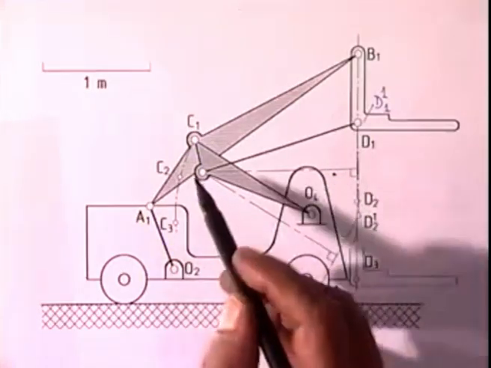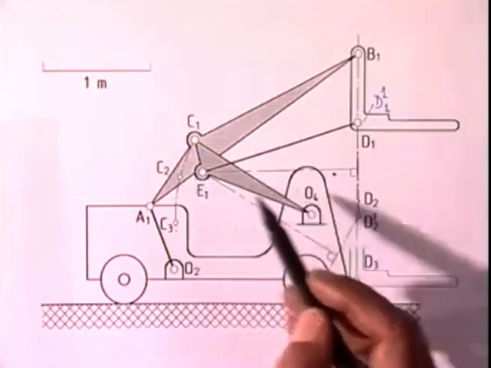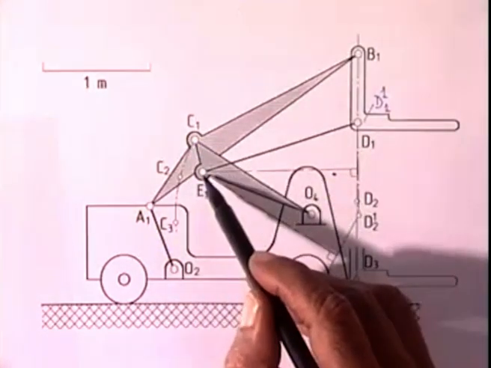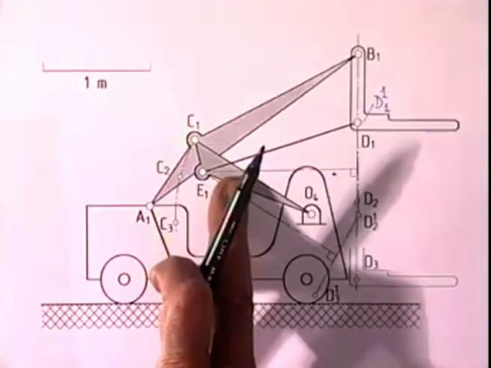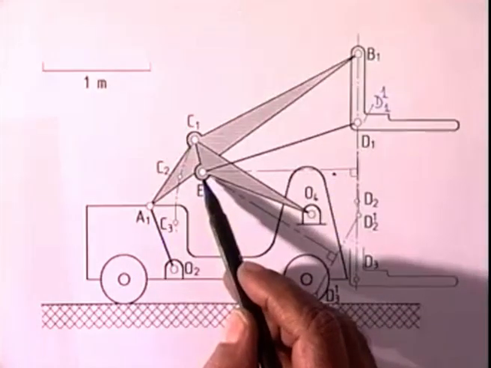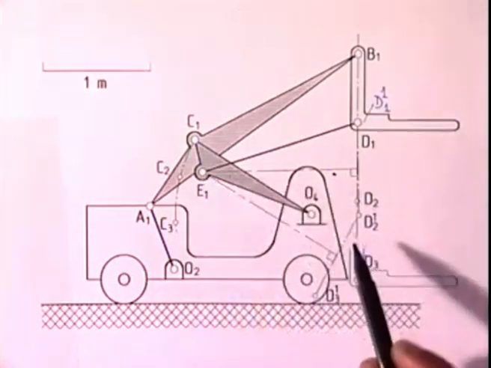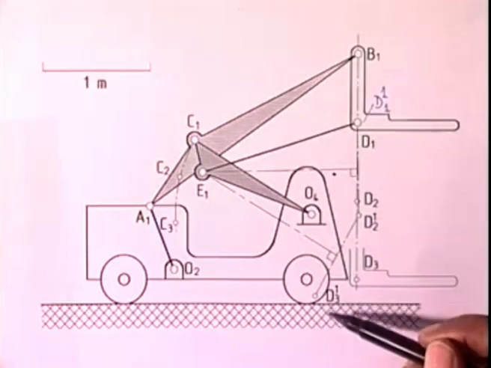These two lines intersect at E1, determining the location of this revolute pair on link 4, and I connect E1 and D1 by a rigid link. If we do not allow this link to move, then obviously D1 goes on a circle with E1 as center. So E1 is determined at the center of the circle passing through D11, D21 and D31.